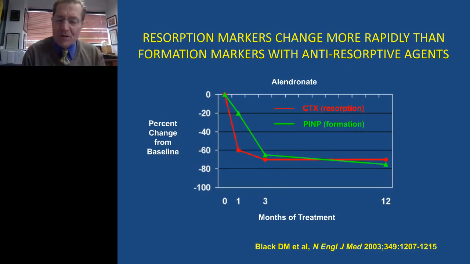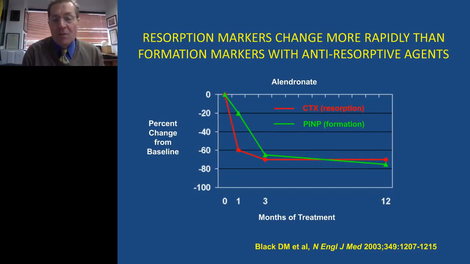The principle of this slide is to make you realize that for most of the drugs that we have in most bone biology, the osteoblasts and the osteoclast cells are coupled. That is, whatever you do to one cell line, there'll be a directional change in the other cell line. So when you decrease osteoclast activity with alendronate, the CTX will drop rapidly.